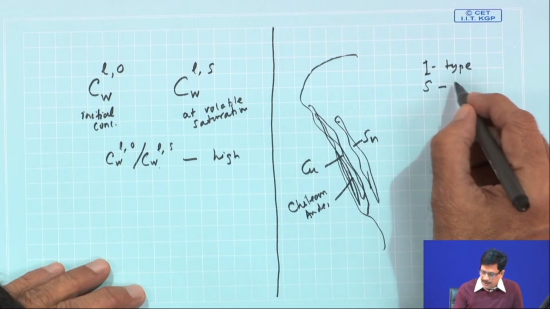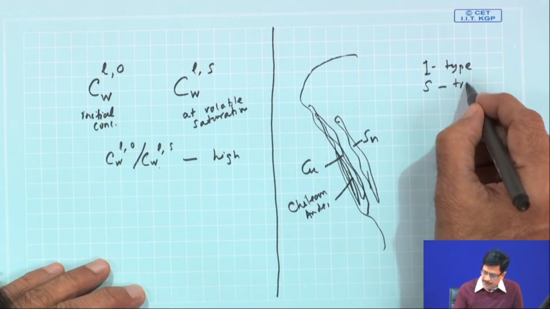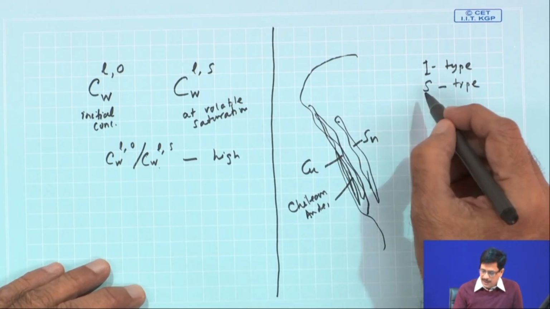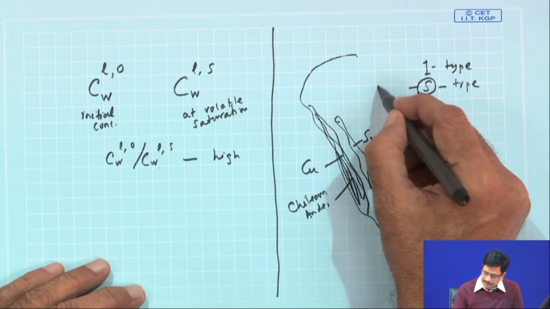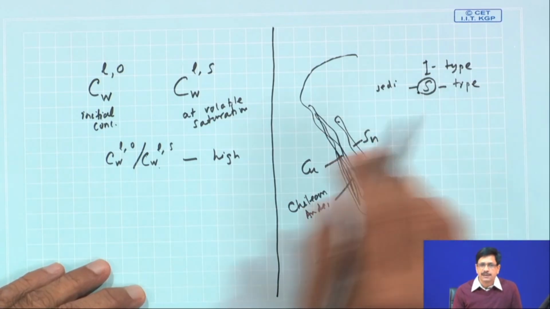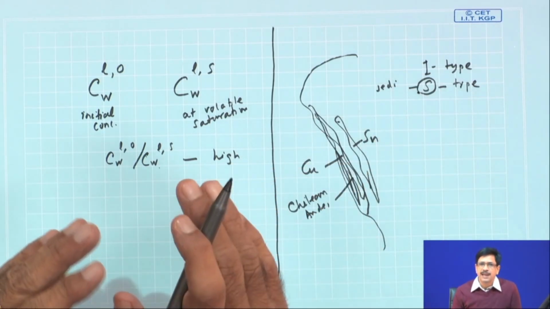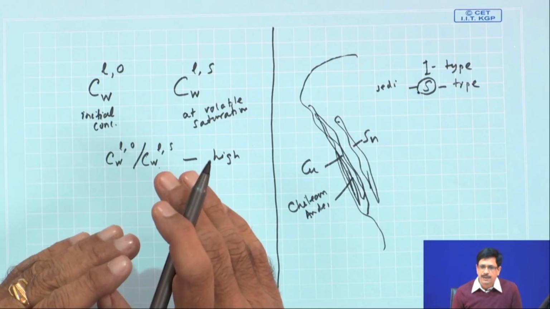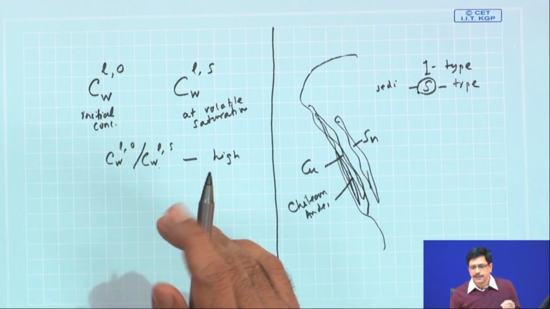Compared to that, the granitoids which are named S type, S standing for sedimentary, were generated a little bit away.